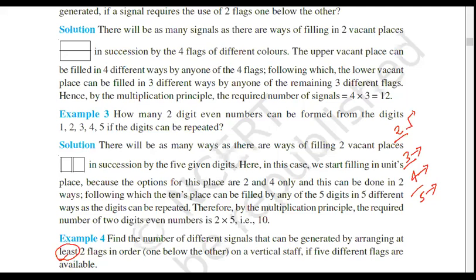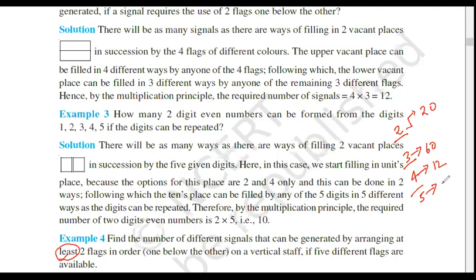So we have total 5 different colors. For 2 flags, we have how many options? 20 options. For 3 flags, how many options? Yes, very good. For 3 flags, we will have 60 options. Very good. For 4 flags, 120 options.